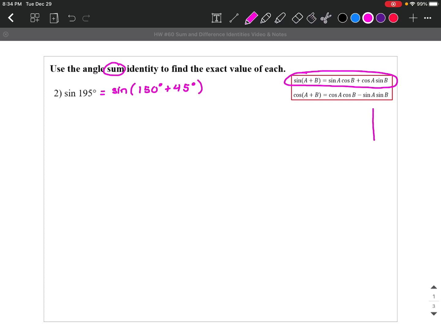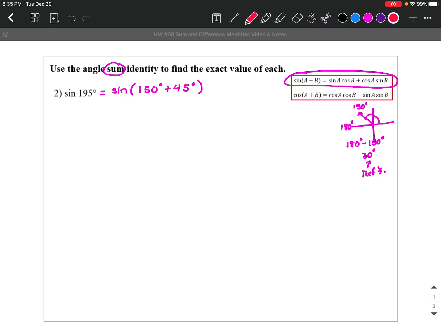But if you think about 150 degrees, it's in the second quadrant. And how far away from the x-axis is it? 180 minus 150 is 30 degrees. That reference angle is a special angle. So we can use this.